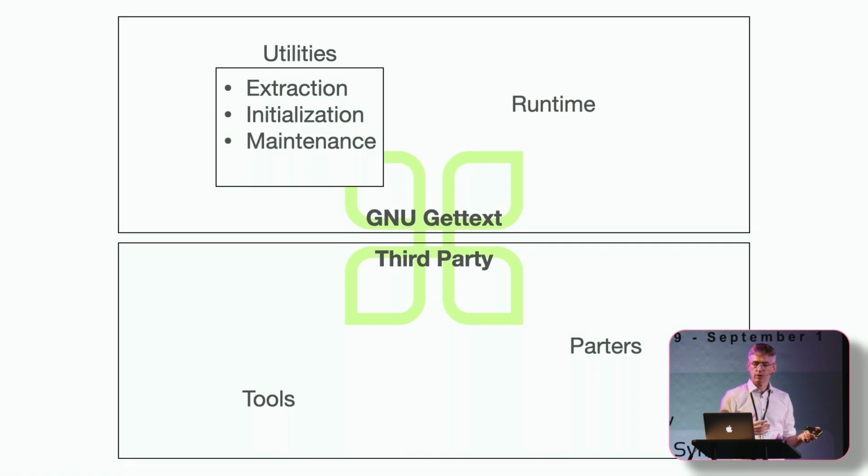And you have tools for merging of existing tables, updating tables with changes that happened in the code. And you have a utility for converting a text form of the table into a binary form that's used for distribution. And there's several other utilities.